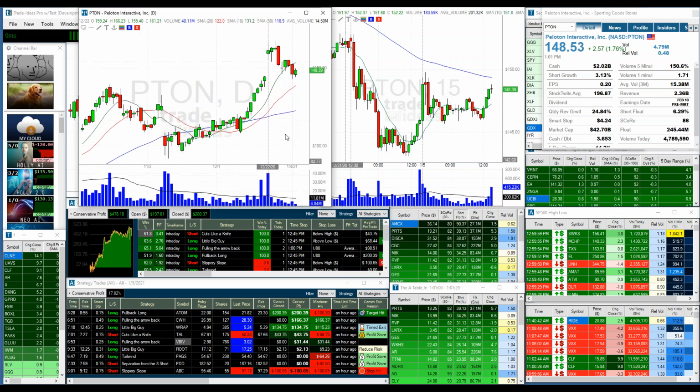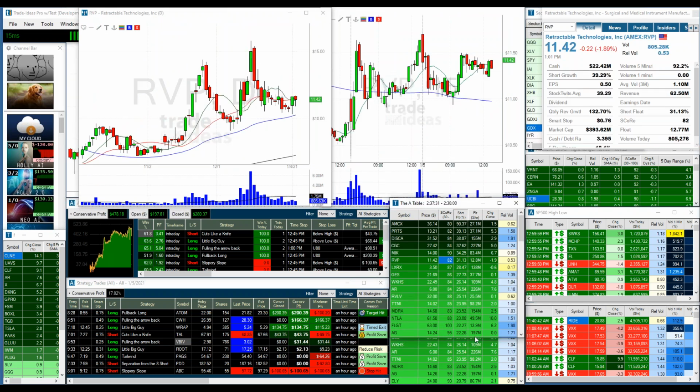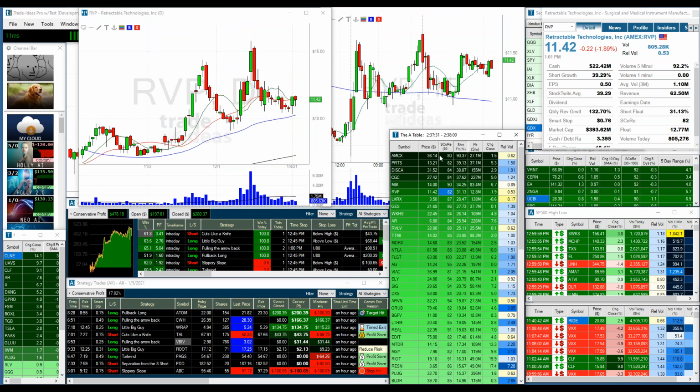Actually, 4 out of the 5 last trade of the weeks were essentially derived from this scan called the A table, which is essentially looking for stocks that are strong stocks with a composite rating that we gave, but they're sorted and double-clicked here and colorized by short float. The ones that have the biggest short float are going to rise to the top.